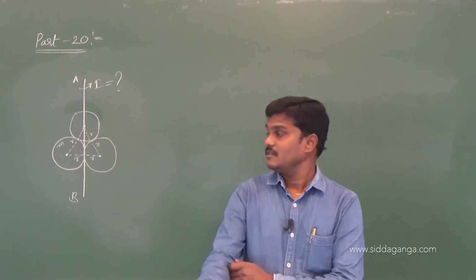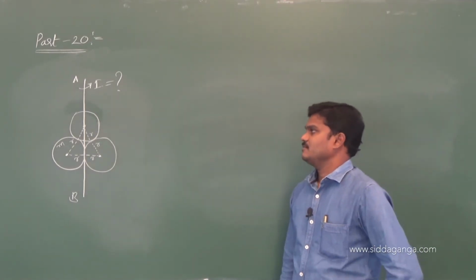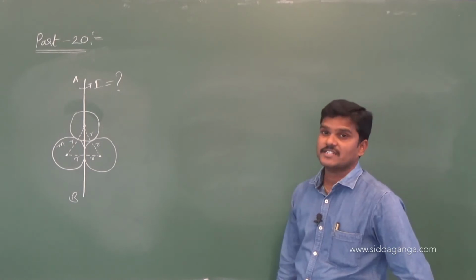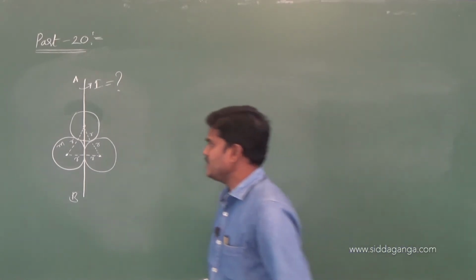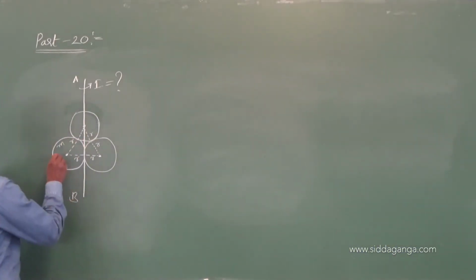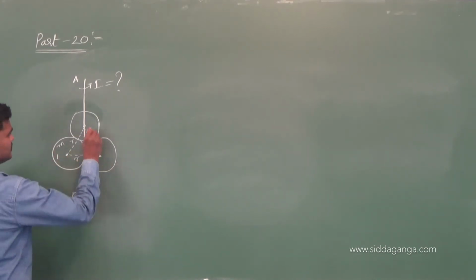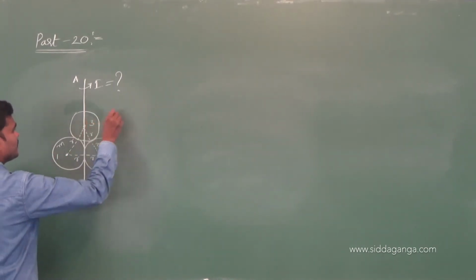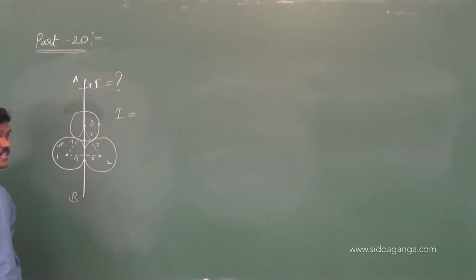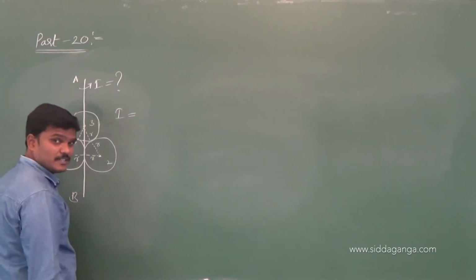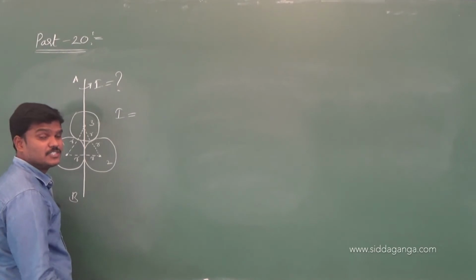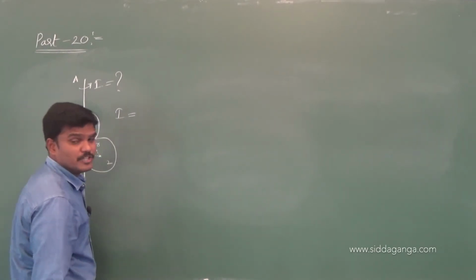Okay, let us see what is the moment of inertia about axis AB. Let us suppose this is disc 1, this is number 2, this is number 3. I is equal to I1 plus I2 plus I3. For the first disc, if it were a solid sphere you could use 2 by 5 mr square.